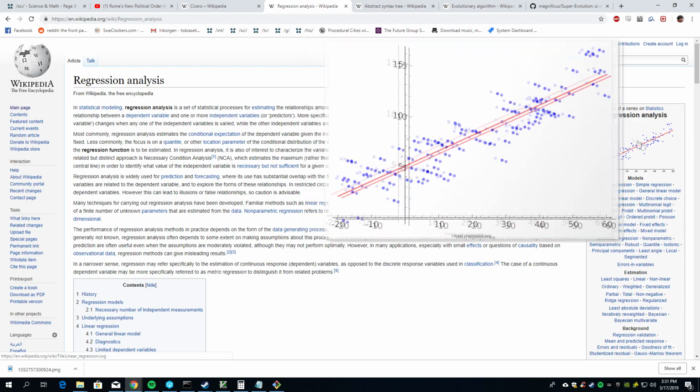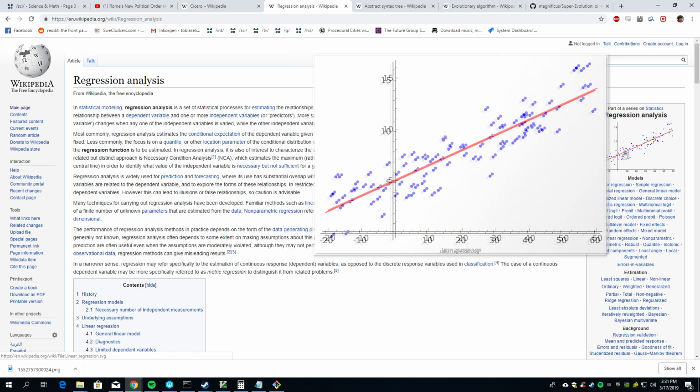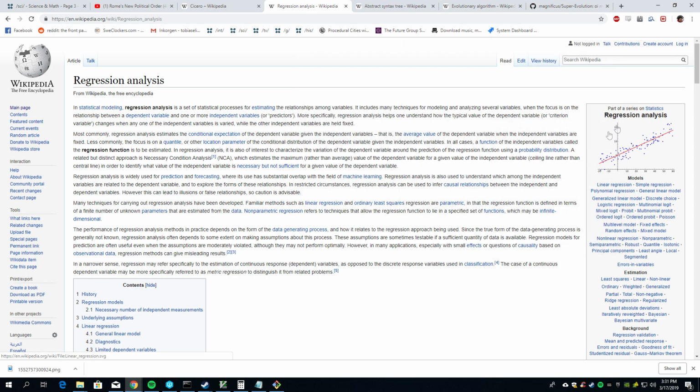But essentially, what we're trying to do is look at all these points and find the curve, find an equation that as closely as possible approximates this data, and this is a wide field. But what's interesting about this approach is that it can deal with very arbitrary data and find equations that are quite complex and quite unintuitive.